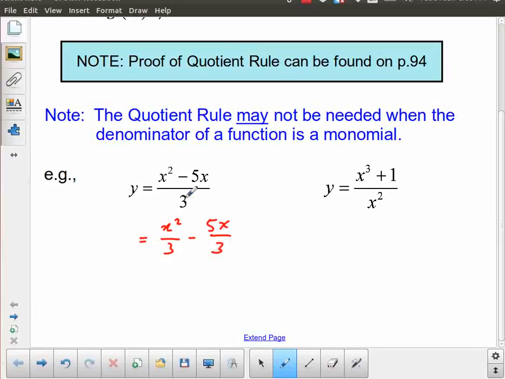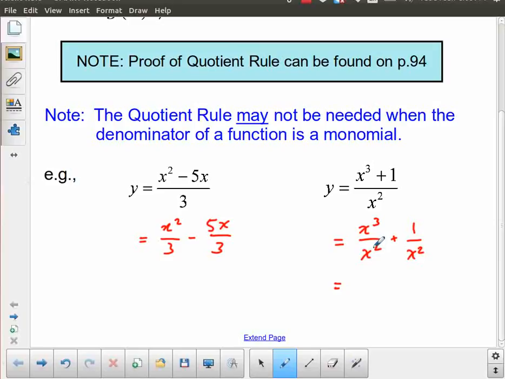And now I don't need to really use the quotient rule in this case, because this is just a constant, and so I could actually just apply the power rule here. And in this case, I could rewrite that as x cubed over x squared plus 1 over x squared.